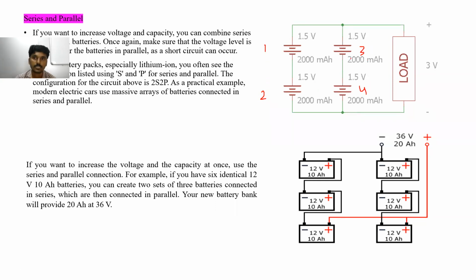The negative plate of cell 1 is connected to the positive plate of cell 2. The negative plate of cell 3 is connected to the positive plate of cell 4. The negative plate of the second cell and the negative plate of the fourth cell are connected common, and this negative terminal is connected to the load. The positive plate of the first cell and the positive plate of the third cell are connected common. These two terminals are connected across the load.